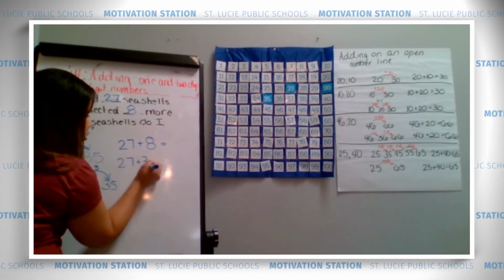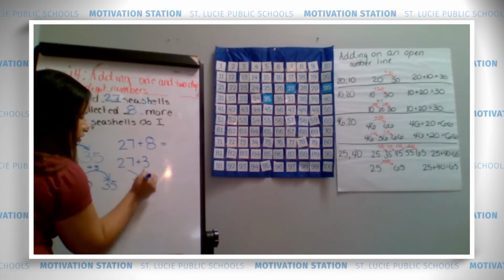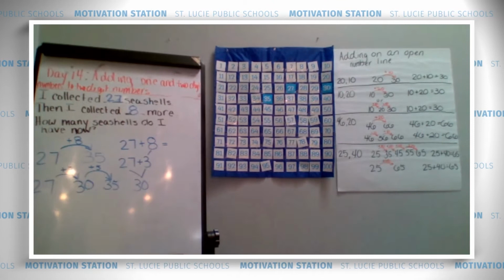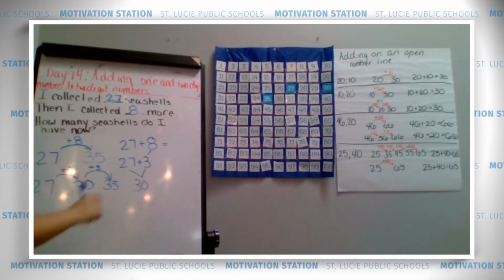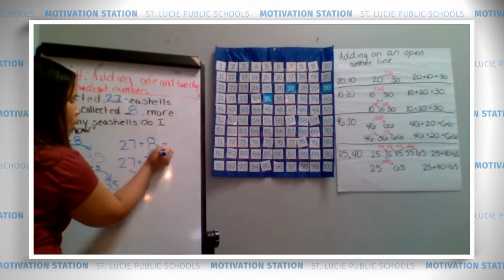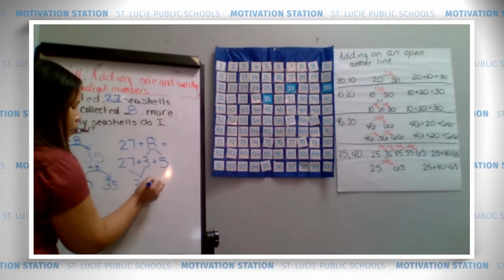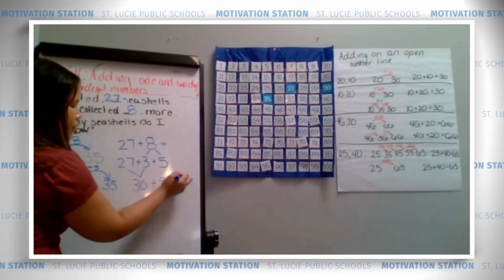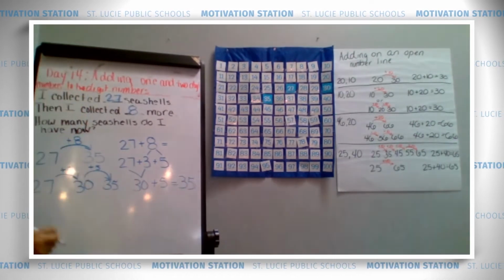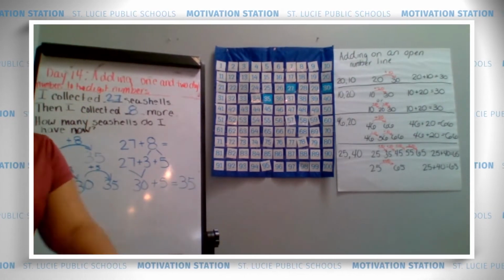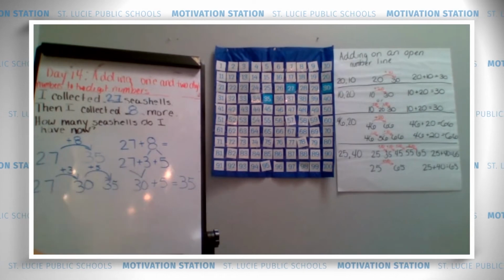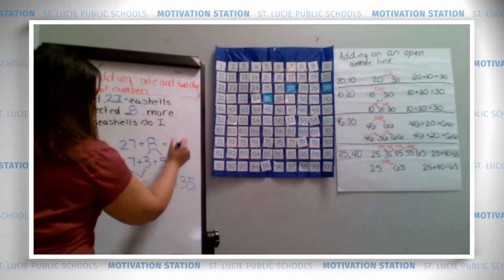So 27 plus 3 is 30, and this 3 came from the 8. So because this 3 came from the 8, I need to figure out how many more make 8, which is 5. And my new problem is now 30 plus 5, which equals 35. So 27 plus 8 equals 35.